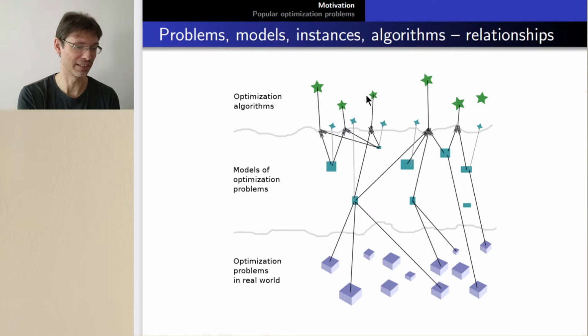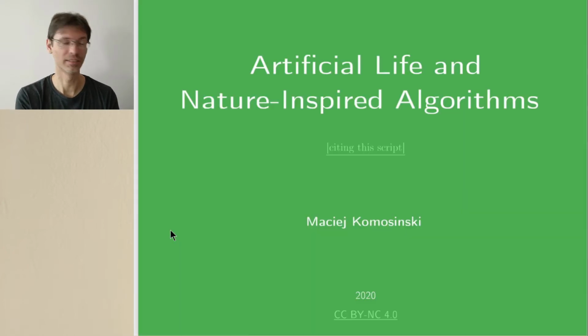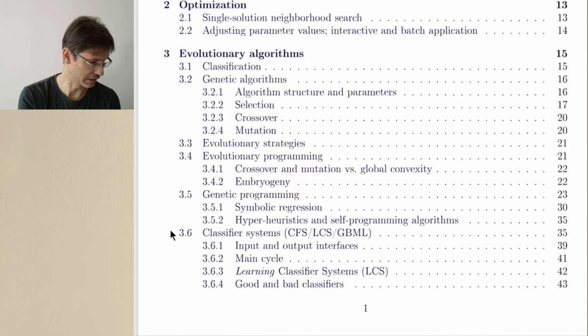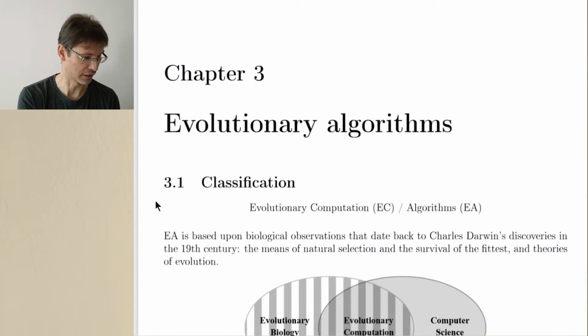They can be applied to most optimization problems. So we are thinking about this landscape and multidimensional space of solutions, and this is where we start our evolutionary algorithms experience. Let's see where we finished. We talked about this, and now we start evolutionary algorithms.